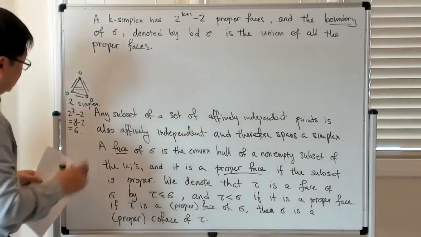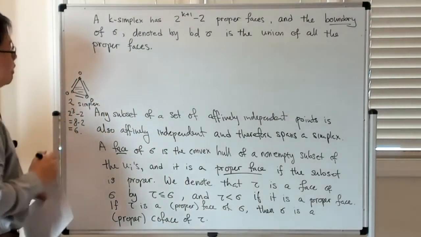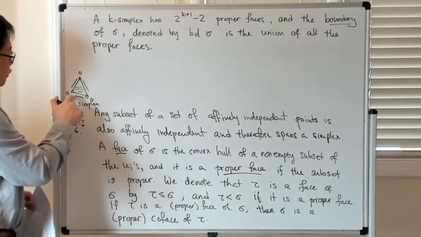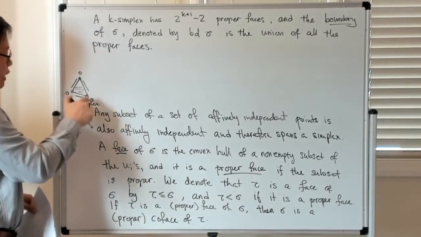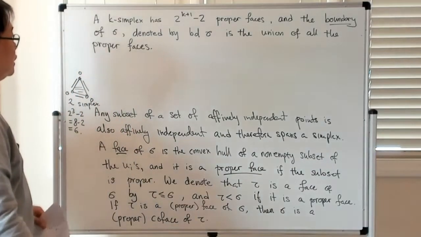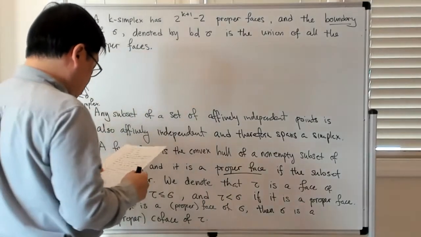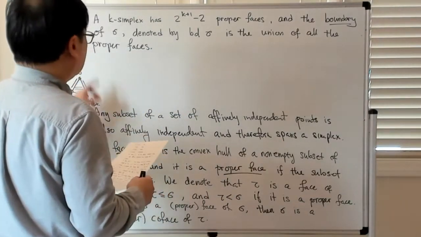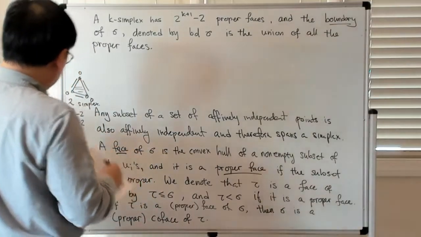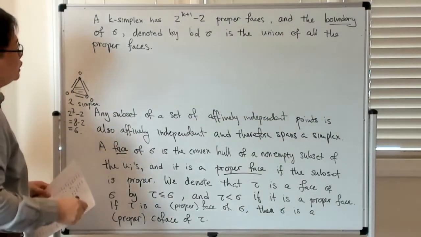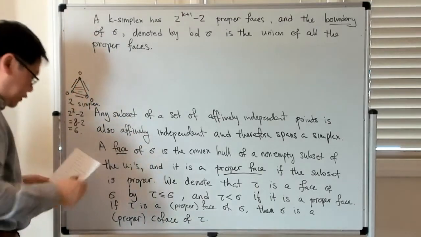When we say the boundary of the 2-simplex, this triangle, we're referring to the 3 edges and the 3 vertices, the union of these proper faces. And then we can ask, well, what happens? If you have the boundary, the other obvious notion is the interior.